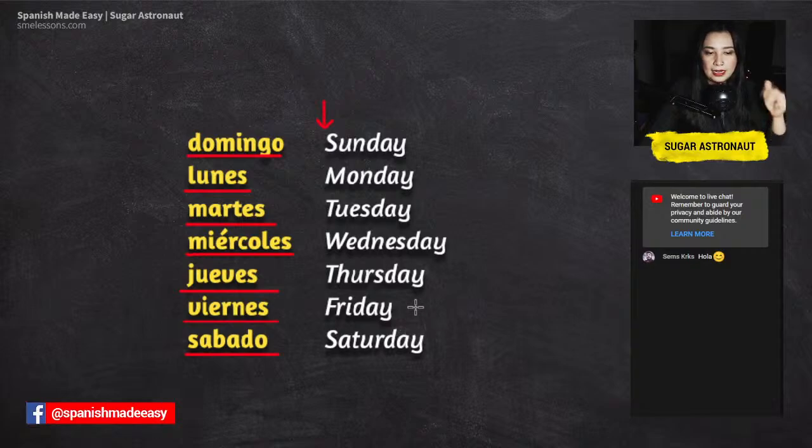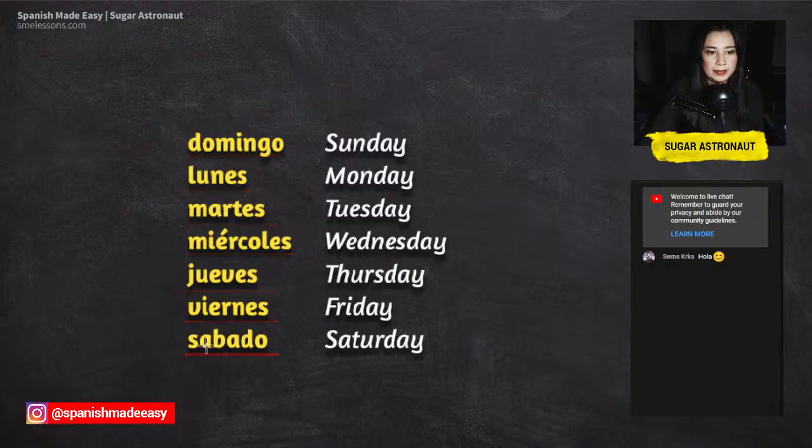They're all capitalized. But in Spanish, you don't need that. Grammatically, you should just use lowercase, no capital letters, when we're talking about the days of the week. So that's something important to remember.